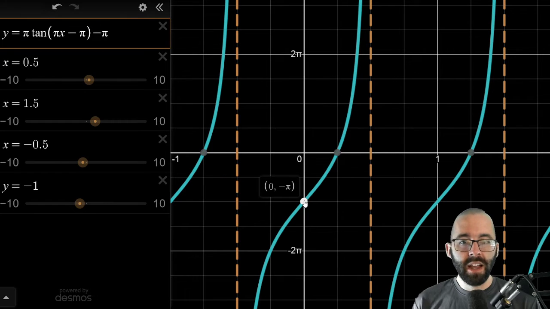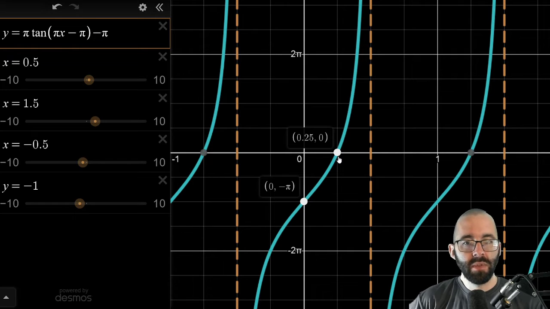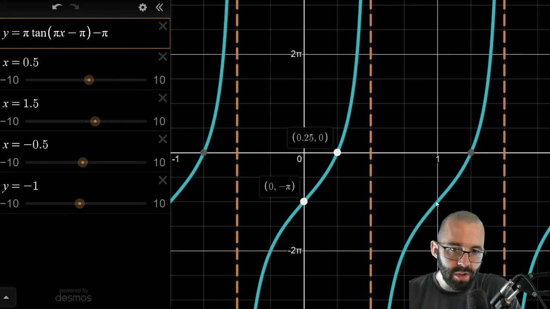Our middle is at -pi. When you go halfway up, we go up positive pi, right? -pi to 0 is a difference of positive pi. That's that stretching factor kind of getting reflected here. And this is kind of what we have to go on to graph.